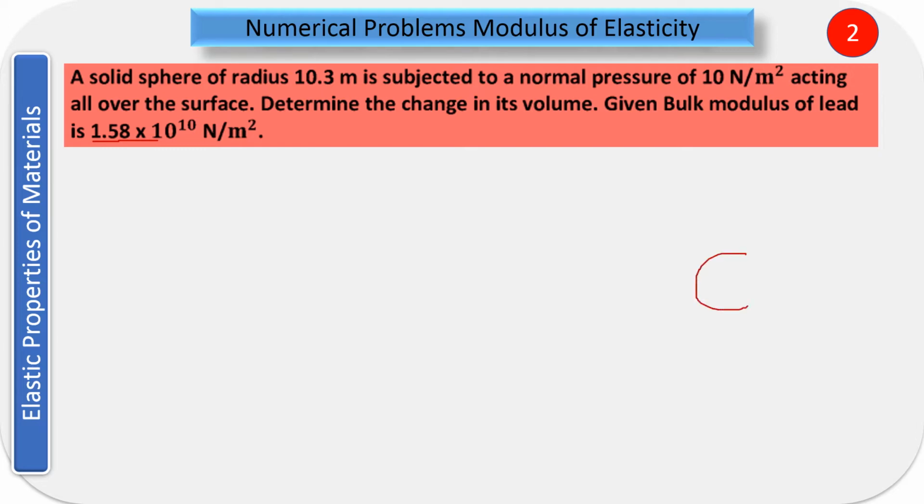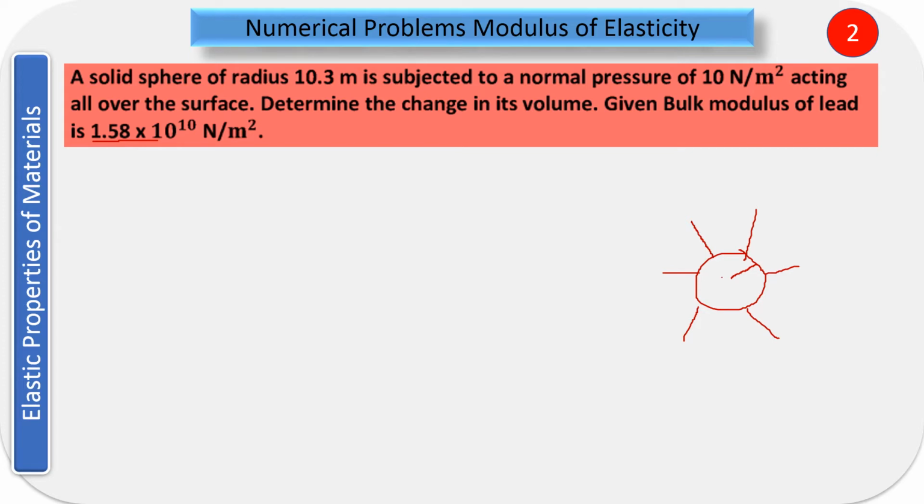Let us suppose you have a certain radius R, and it is subjected to normal pressure. So from all sides you are putting the pressure like this. The value of the pressure that you are putting normally on this is 10 Newton per meter square.